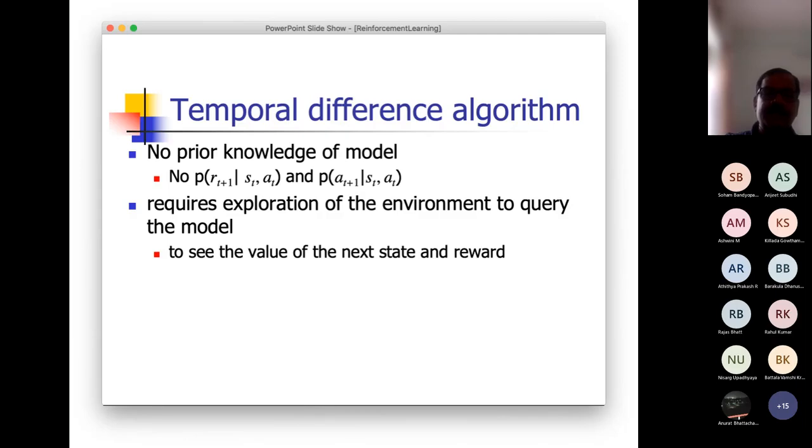We require to explore to see the value of the next state and reward. That exploration means you check from your experiments what reward you are receiving, what state it is making a transition to, and then you note them and maintain the values based on that.